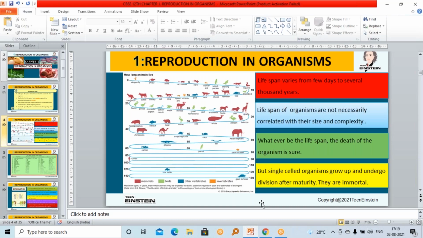You can see in this chart itself so many different lifespans of all organisms. Some may live for 1 year, some may live for 20, 25 or 30 years, and some other organisms may live for 100 years.